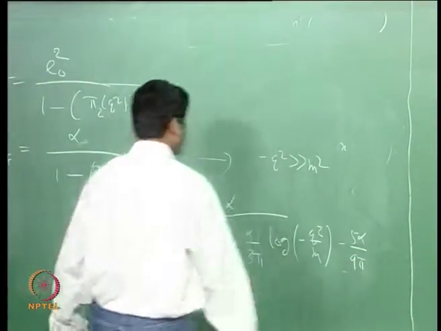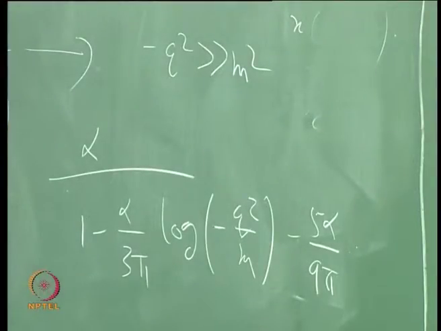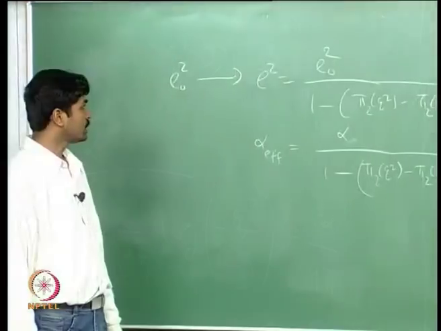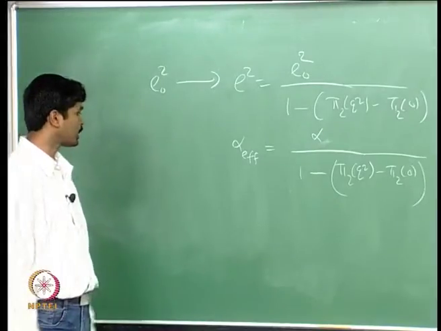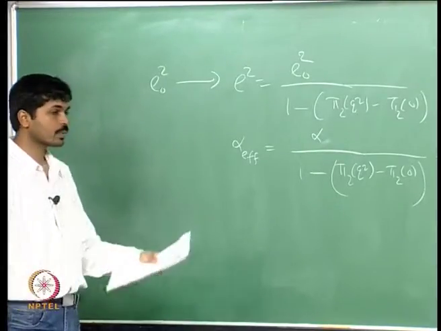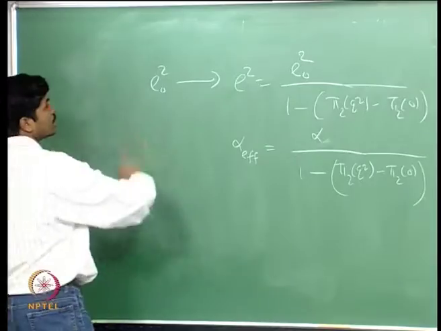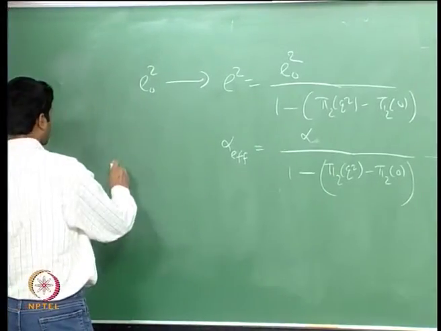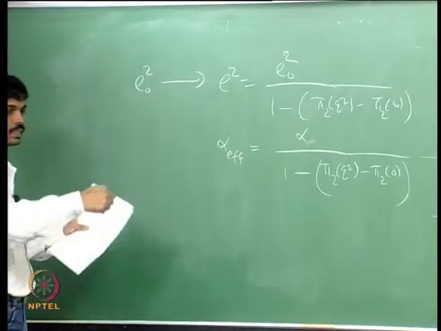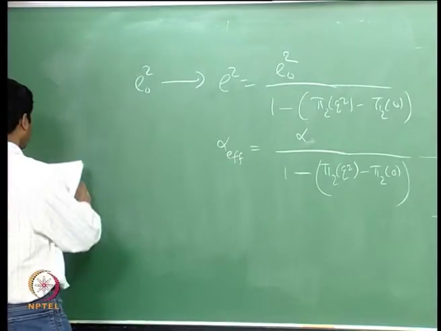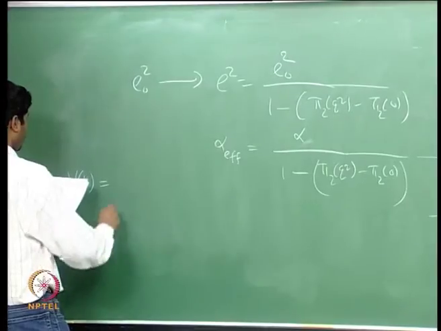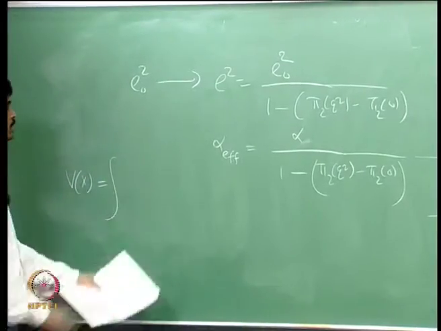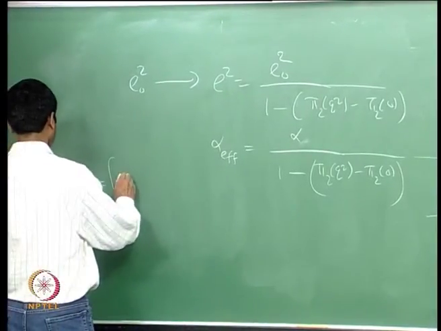So, you can see the q square dependence of the electric charge. Similarly, you can take the non relativistic approximation and then you can compute the effective potential. The pi 2 of q square basically changes the electromagnetic interaction, and the effective potential v of x is basically given by, you can just take the Fourier transform here.